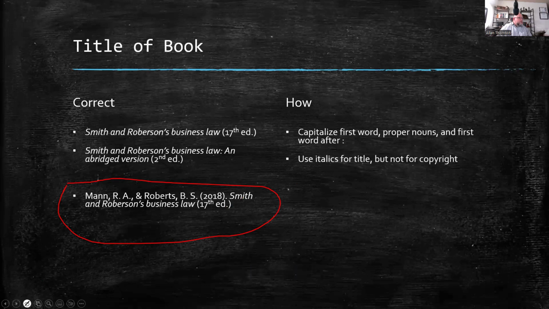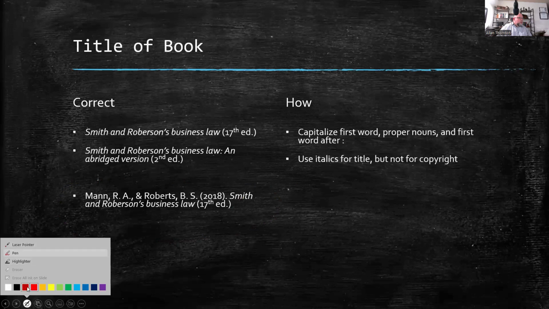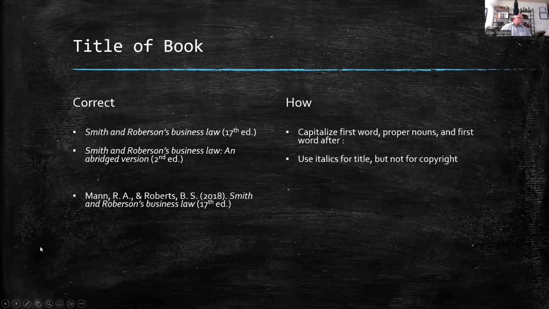Notice that the 17th edition right here is in parentheses and it is not italicized. The title of the book receives the italics. It is italicized, but the edition is not.